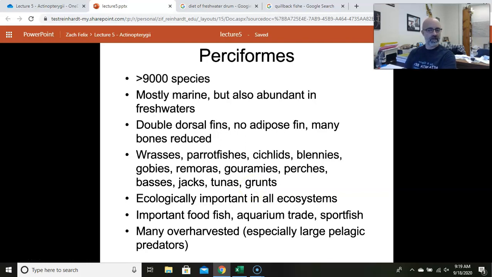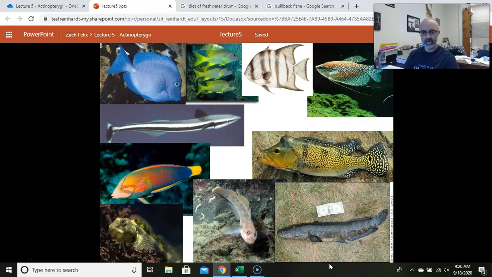Marine, freshwater, you find them in aquaria. I think about things like groupers and these big pet fish like that, important for sport fishing too. So, I mean, geez, half of these I don't even really know. I think this is your snakehead though, Garrison.